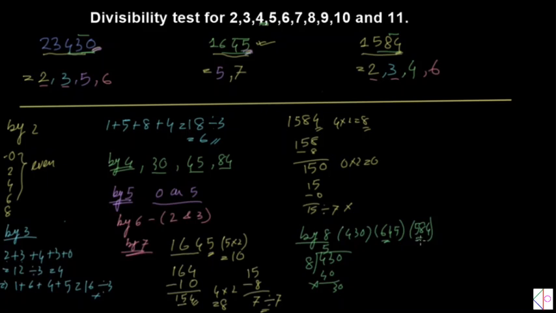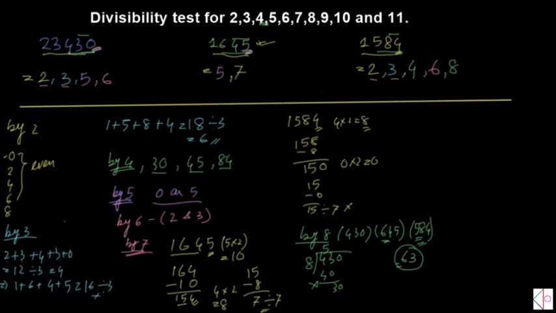In our third case, 584, if we divide, the quotient becomes 73. 7 times 8 is 56, remaining 24, and 24 divided by 8 is 3. So the third number is exactly divisible by 8.